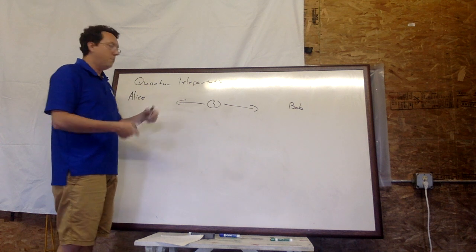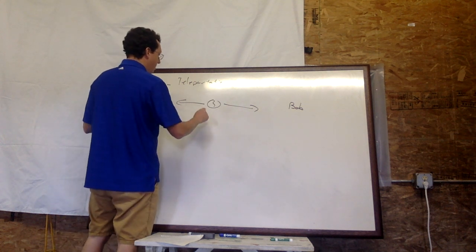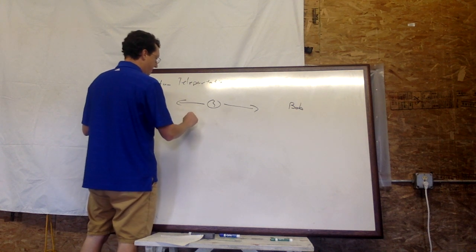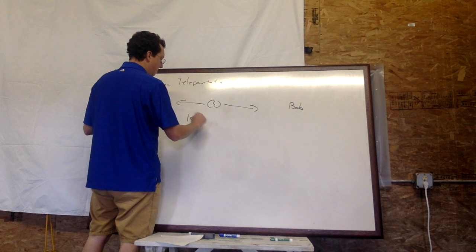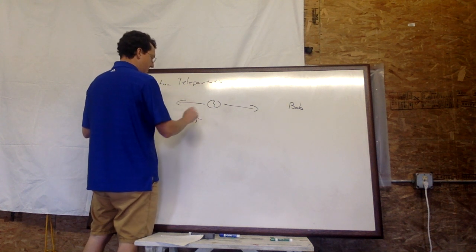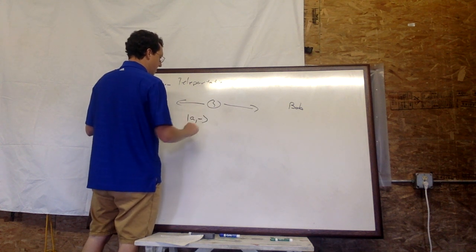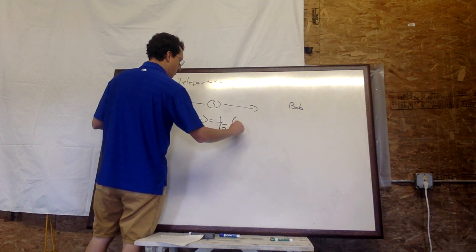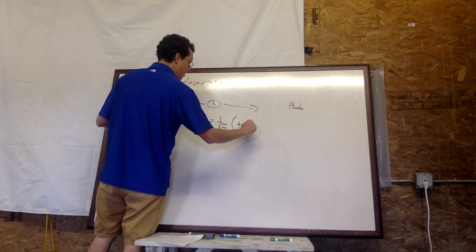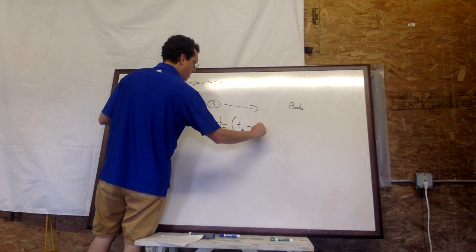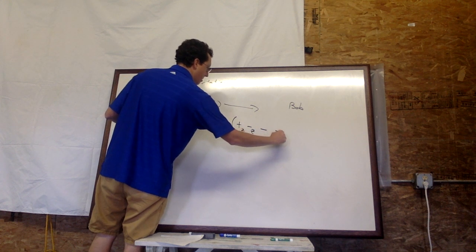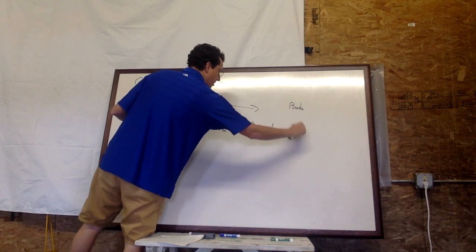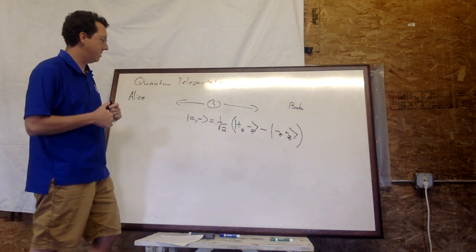And what we're going to do is prepare the total system in the following state. Right, A for anti-correlated and the minus sign because it's the negative combination in the superposition. Okay, now, what do I mean by this?